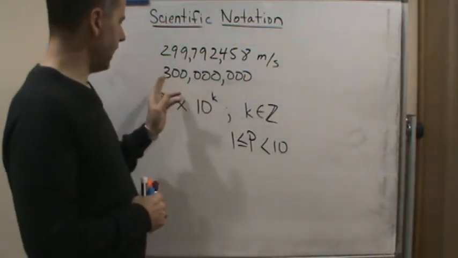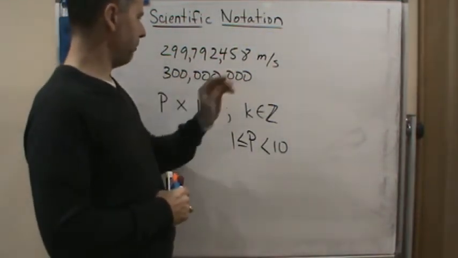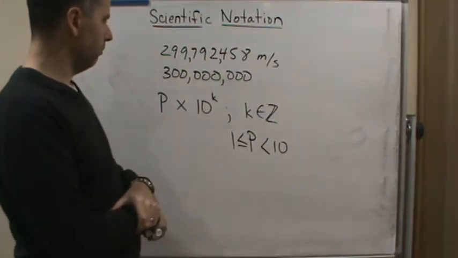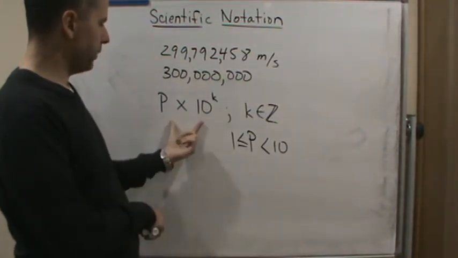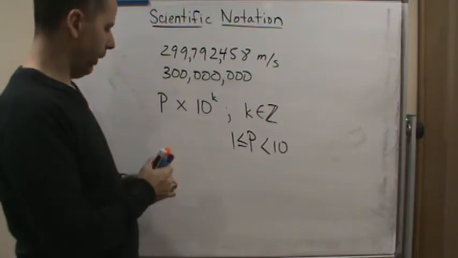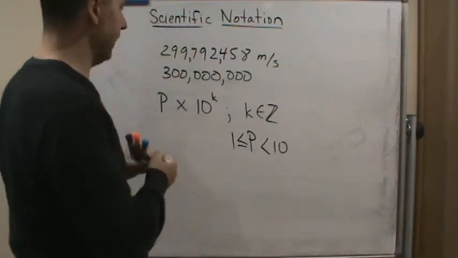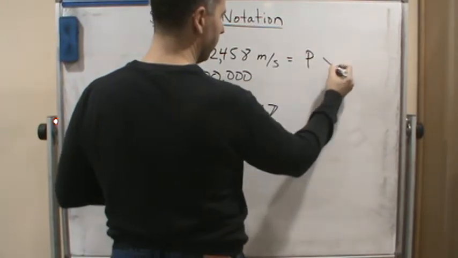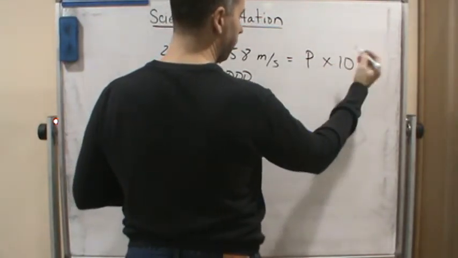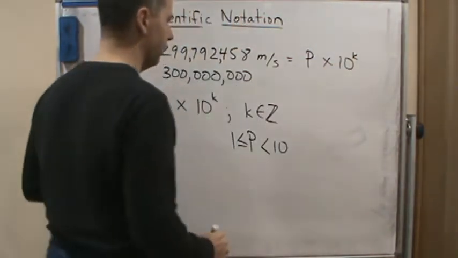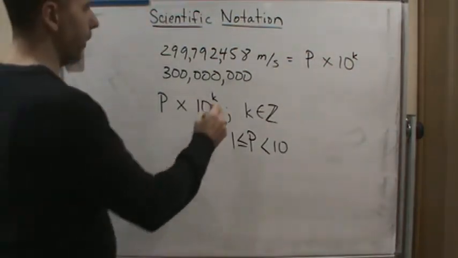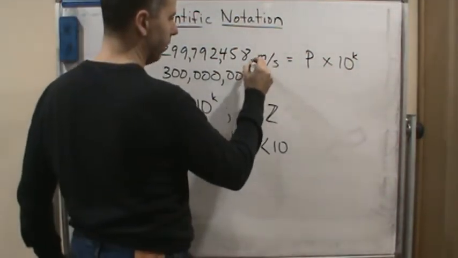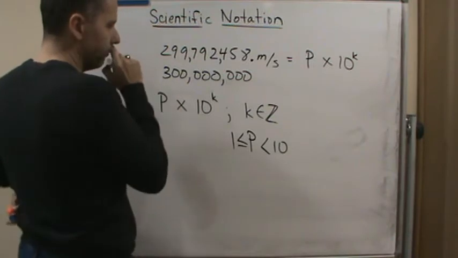Now, how can we represent this number in scientific notation? Well, we want this to equal some number p times a power of 10. We know we have a decimal point right here, right?